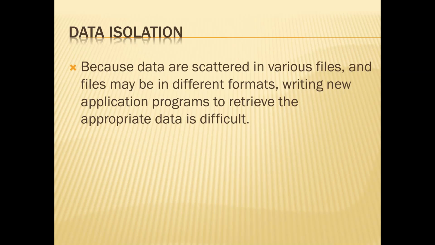So when do we get data isolation? When there are different files in different file formats in the hard drive. So we are likely to have all the data in an isolated form, and retrieving all the data as a single unit becomes very hard. So there we find this data isolation.